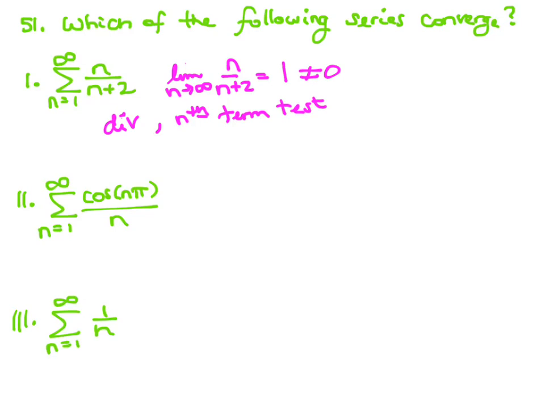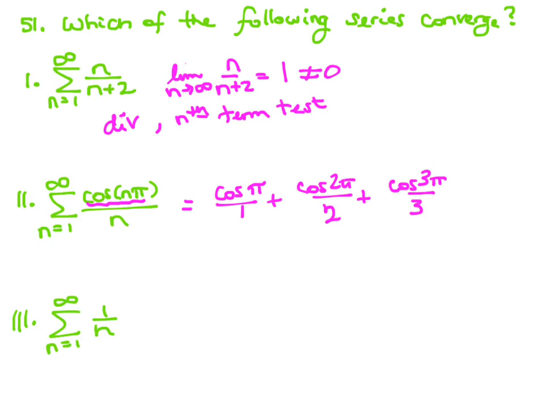All right, answer choice number 2. Got a weird little thing here in this cosine n pi. N starts at 1, and let's just consider that part of the series here. We would get cosine of 1 pi over 1 plus cosine of 2 pi over 2 plus cosine of 3 pi over 3, and so on.